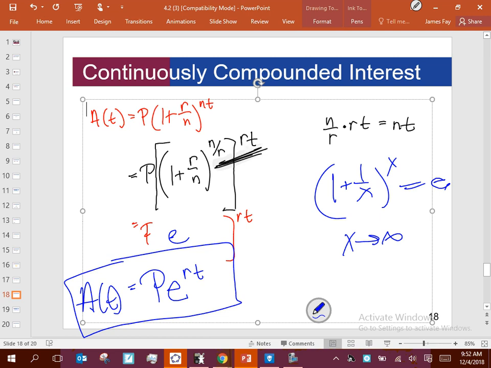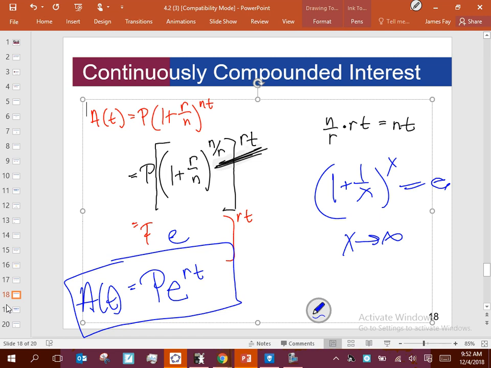Is that all right? Where r is still your interest rate, t is still your time in years, and p is still your principal. So that is the continuous compound formula. That's what we call, and we'll talk about it in a couple days, your growth rate formula.